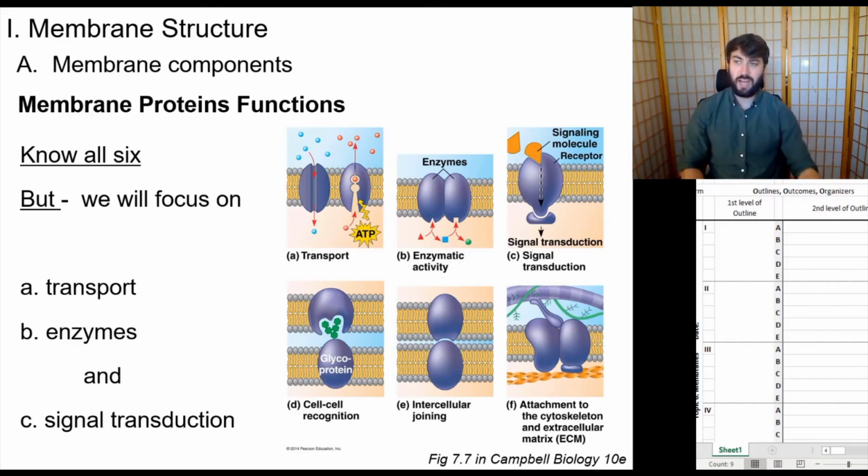Okay, so that's a lot of stuff we just talked about here. There's transport, enzymatic activity, signal transduction, cell-to-cell recognition, intercellular joining, and then attachment to the cytoskeleton and extracellular matrix. Whew. Okay. But luckily for us, we really only want to focus on these first three: transport, enzymatic activities, and signal transduction.